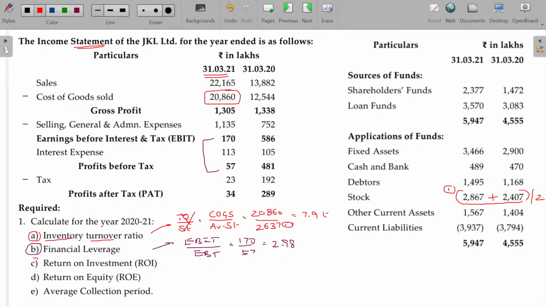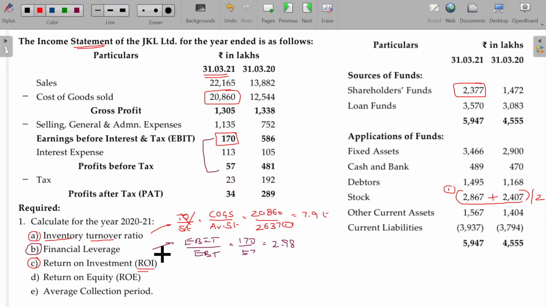Return on investment, ROI. Investment here we mean shareholders' funds. This will be taken. And return for the investment being all the things put together. Predominantly you can take the EBIT. Or sometimes you can eliminate the tax alone.